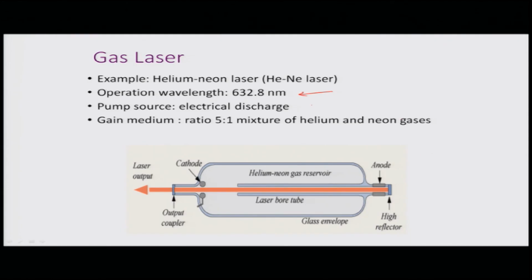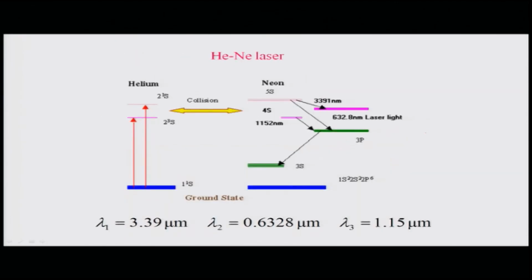So, electric discharge, and the gain medium is a 5:1 mixture of helium and neon gases. The helium is being excited and the energy is passed on to the neon gas, which is our active laser medium in this particular case.